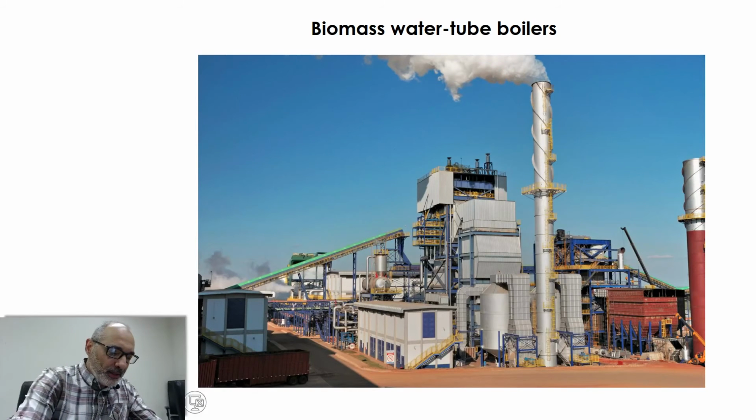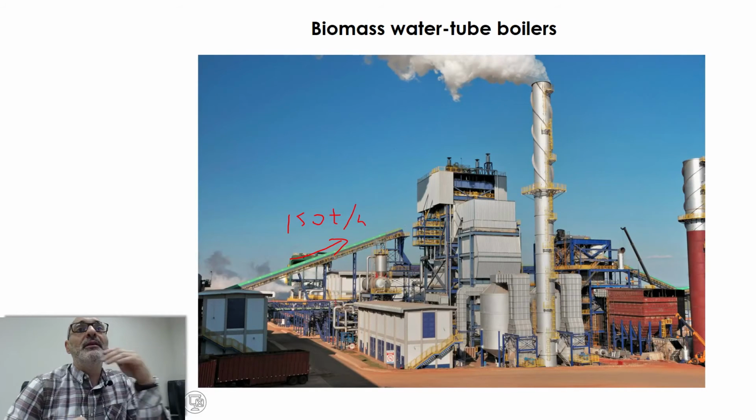Let me give you some numbers. This size of boiler processes something like 150 tons per hour, with 50% humidity. So 75 tons of bagasse and 75 tons of water.